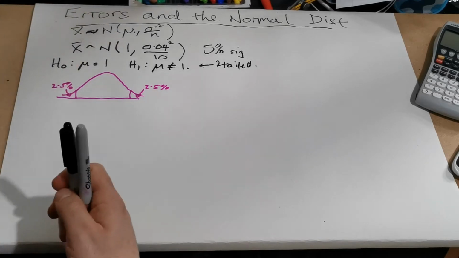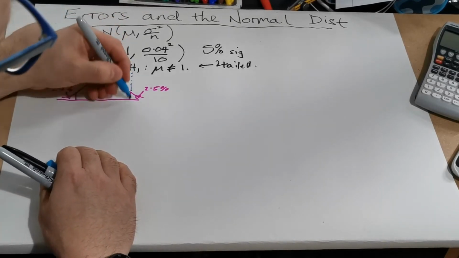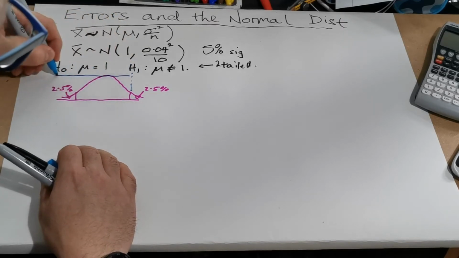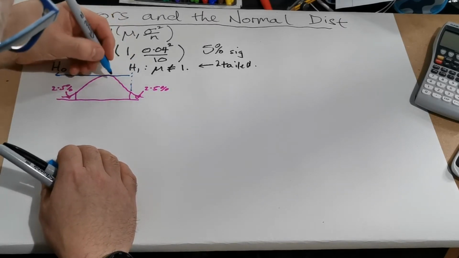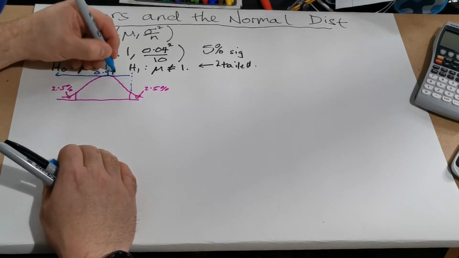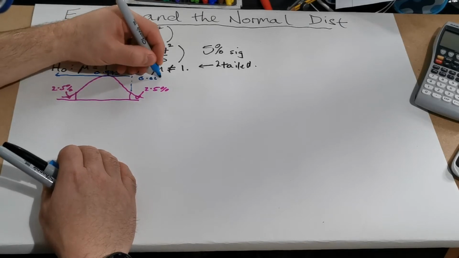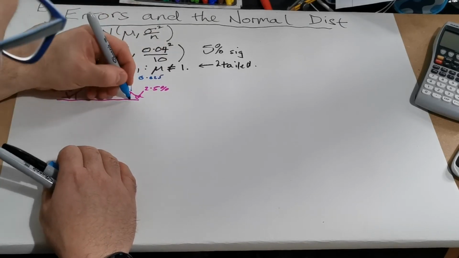Now, if I look here, the probability that I'm behind that point is 0.975.